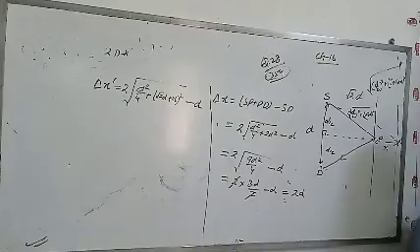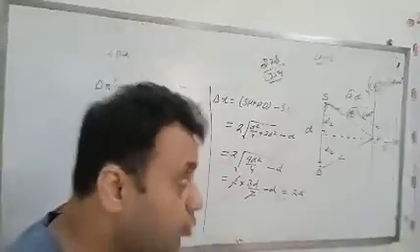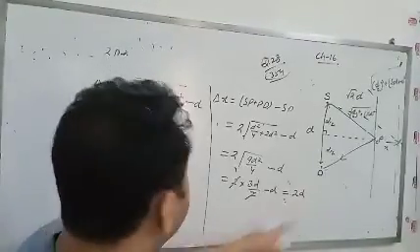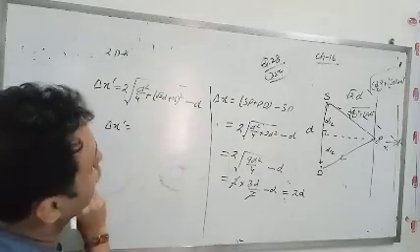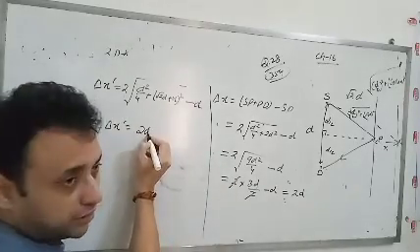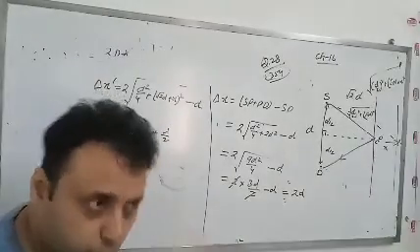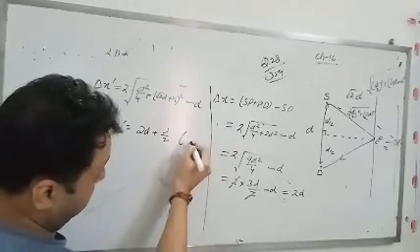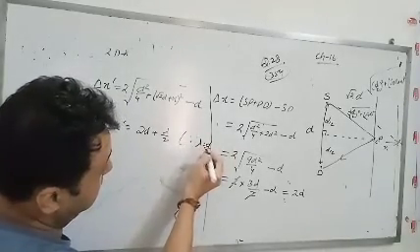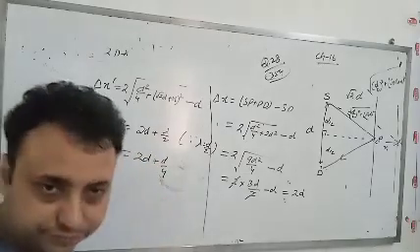So now the path difference will be like this, and according to the condition given in the question, this will be out of phase from this. So delta x dash will be equal to 2d plus lambda by 2. Lambda is given as d by 2, so it will be 2d plus d by 4.